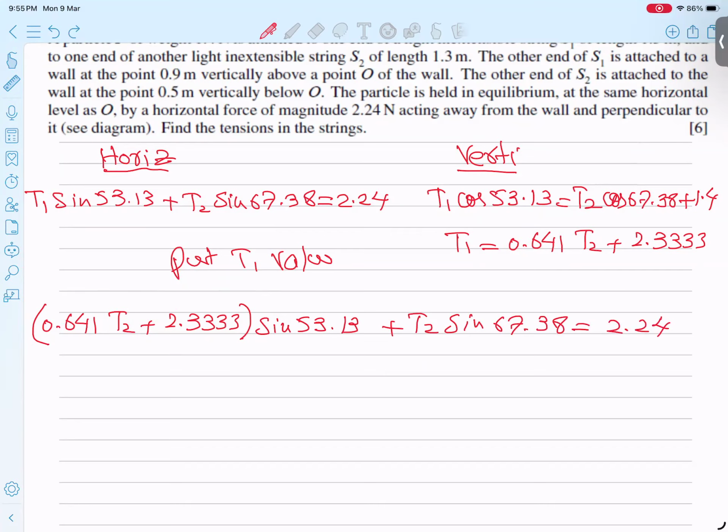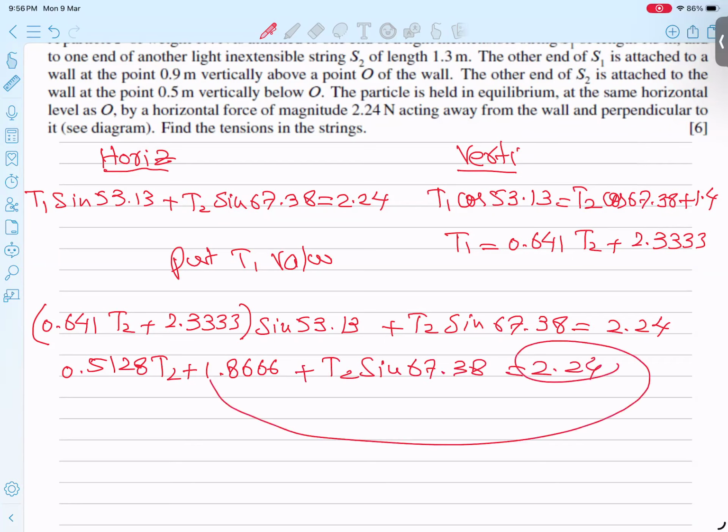Times sine 53.13, the answer with this number is 1.8666, and 0.641 times sine 53.13 gives 0.5128 T2, plus T2 sine 67.38 equals 2.24.